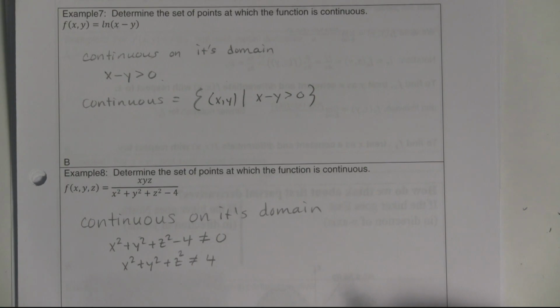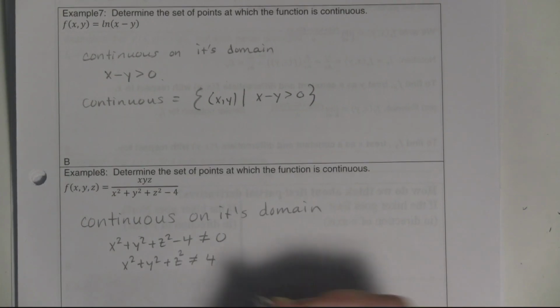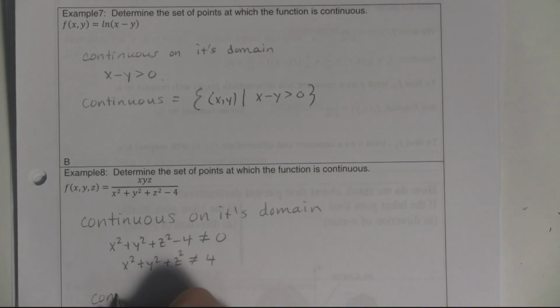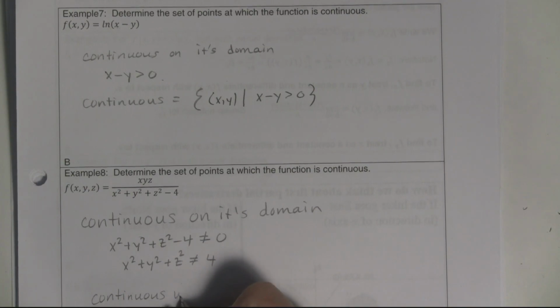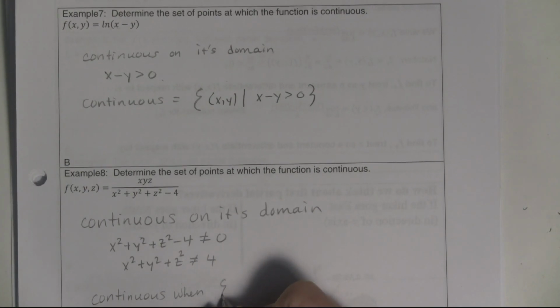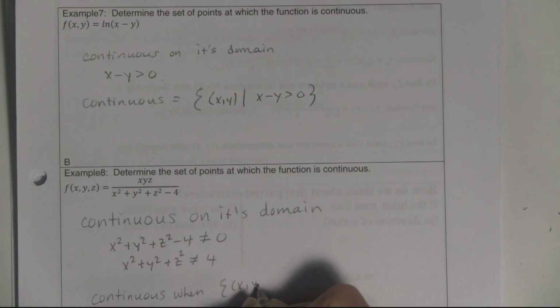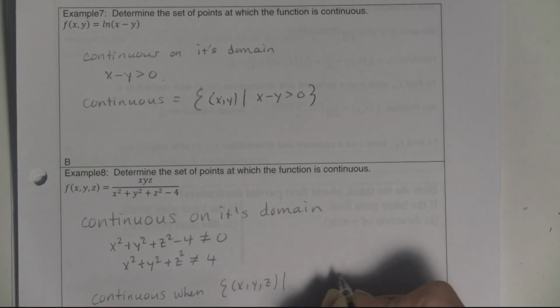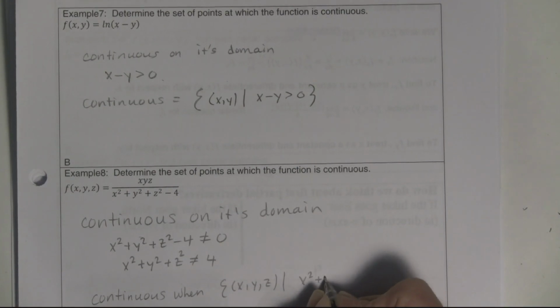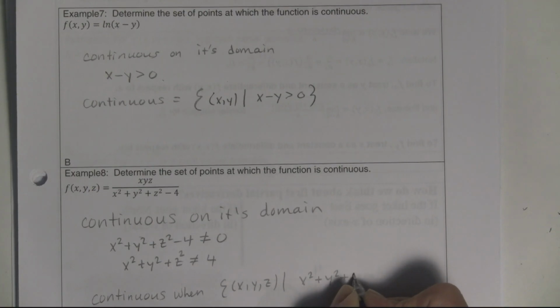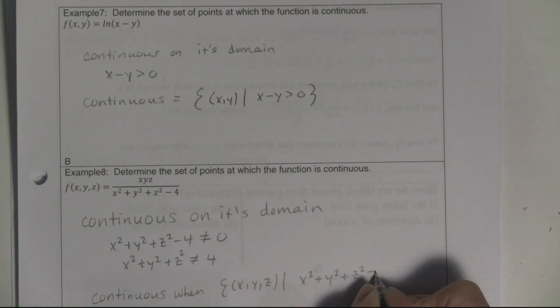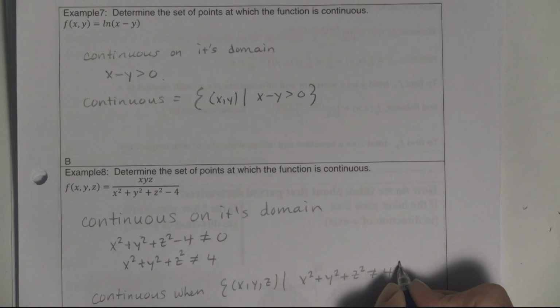Well, that's where it's continuous. So it's continuous when the set of x, y, z is such that x squared plus y squared plus z squared is not equal to 4.